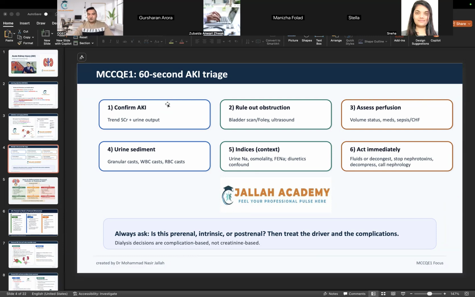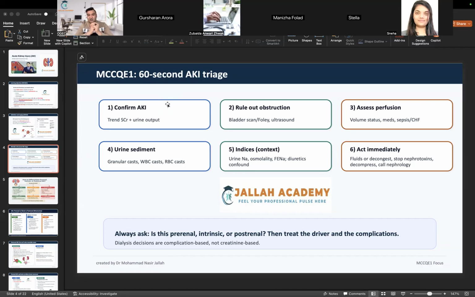What else you need to do is assess the perfusion. Check the volume, check the medication. You cannot forget about medication. In anyone with acute kidney injury, there are certain medications that you have to ask about or keep in mind. For example, non-steroidal anti-inflammatory drugs, antibiotics such as gentamicin, and so on, and also ACE inhibitors or ARBs, or sodium-glucose co-transporter 2 inhibitors.